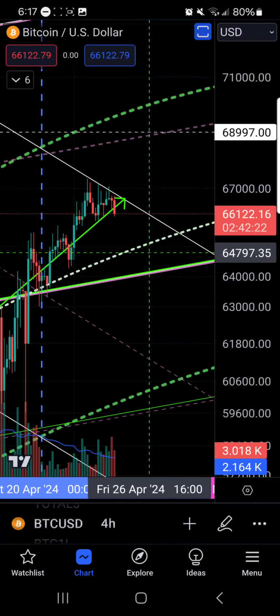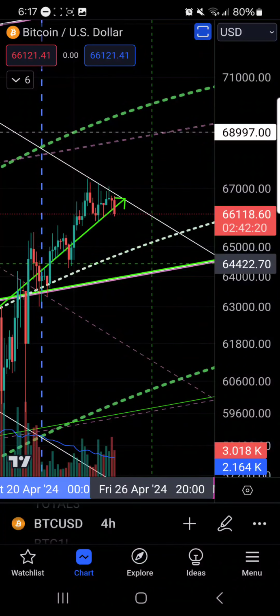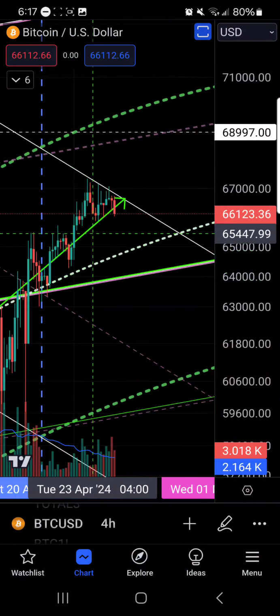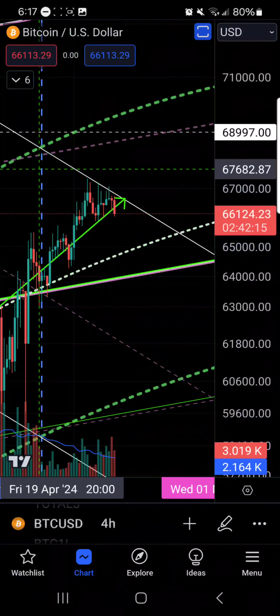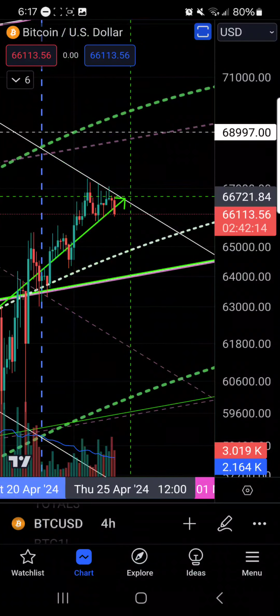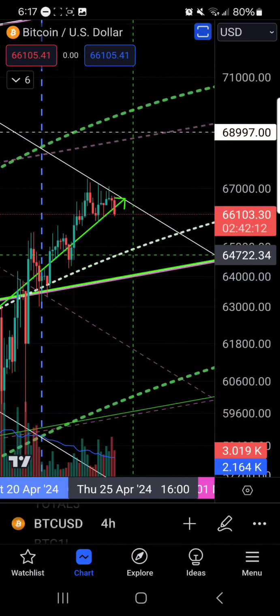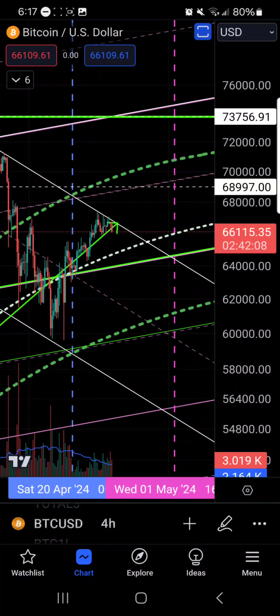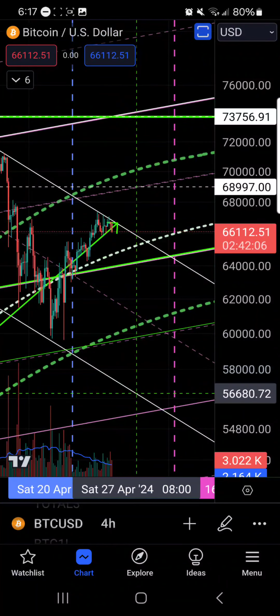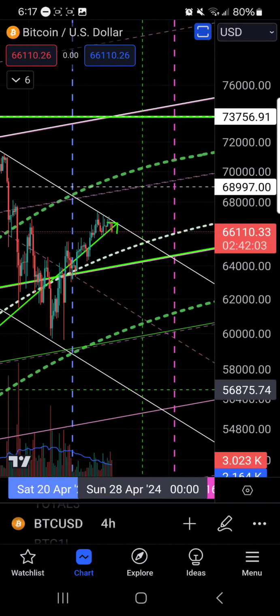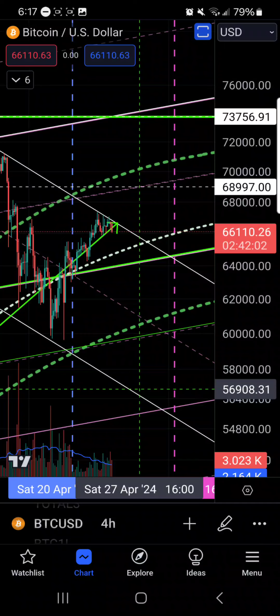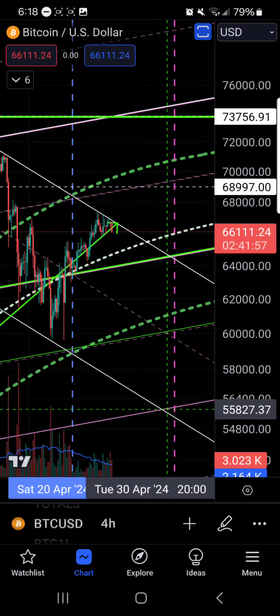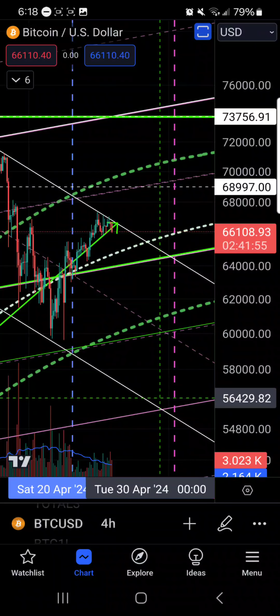Continuing to trade within. We're going to dump down out of this symmetric triangle, but I don't know if we'll dump down the measured move, which would be all the way down to the bottom of the channel here at around 56, 55,000.